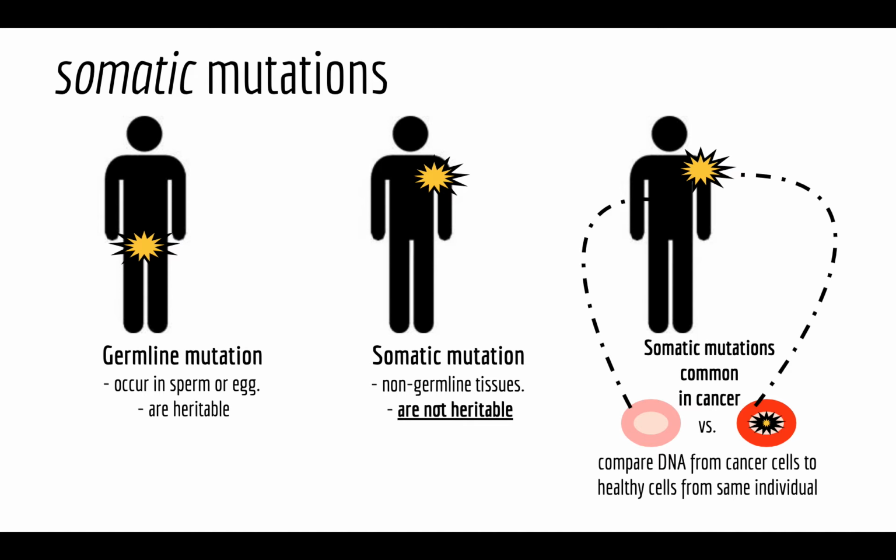You mutate your liver cells by having a fun weekend, or you spend too much time in the sun at the beach, and you get lots of mutation from UV or alcohol or tobacco use or whatever, but those really don't go into the next generation.